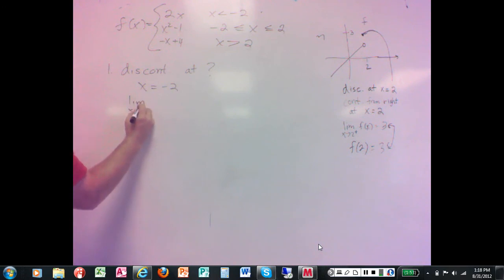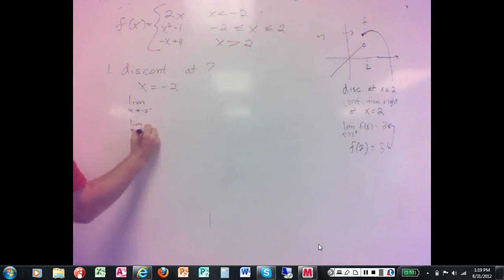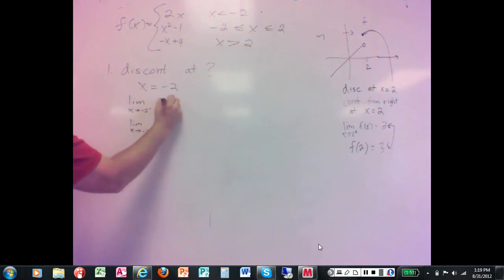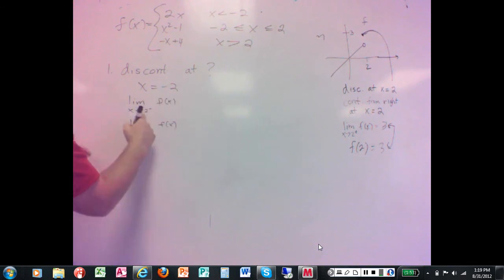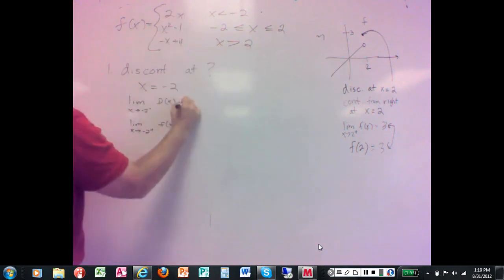The limit as x approaches negative 2 from the left, and the limit as x approaches negative 2 from the right. Well, negative 2 from the left, that would be this one.